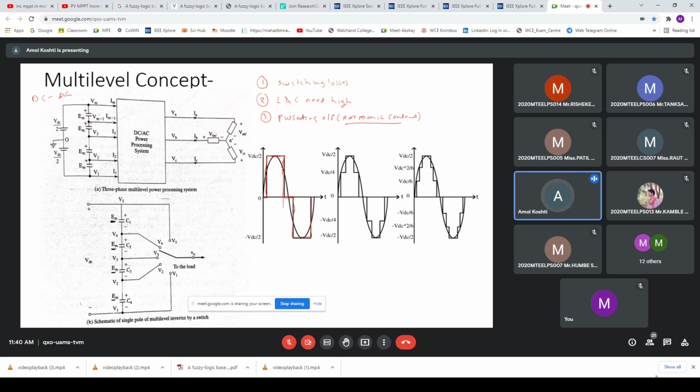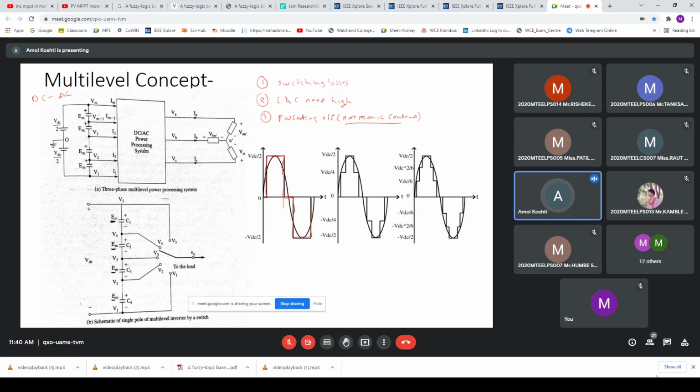These capacitors act as the energy banks at the input side, and we use these charged capacitors to produce the output. We take these capacitors one by one into the circuitry, and then we increase the levels in the output. Here the input capacitors are there.